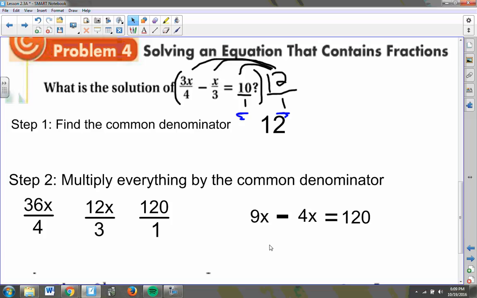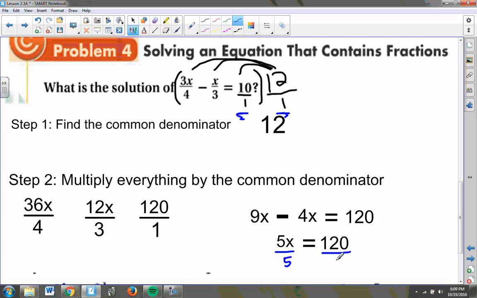9x minus 4x is going to be 5x. It is still going to be equal to 120. So 5x equals 120, and then to solve that, I'm just going to divide both sides by 5.